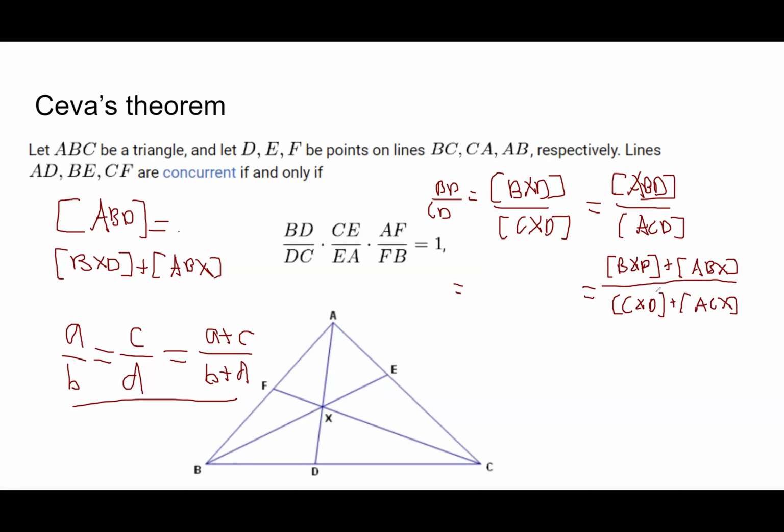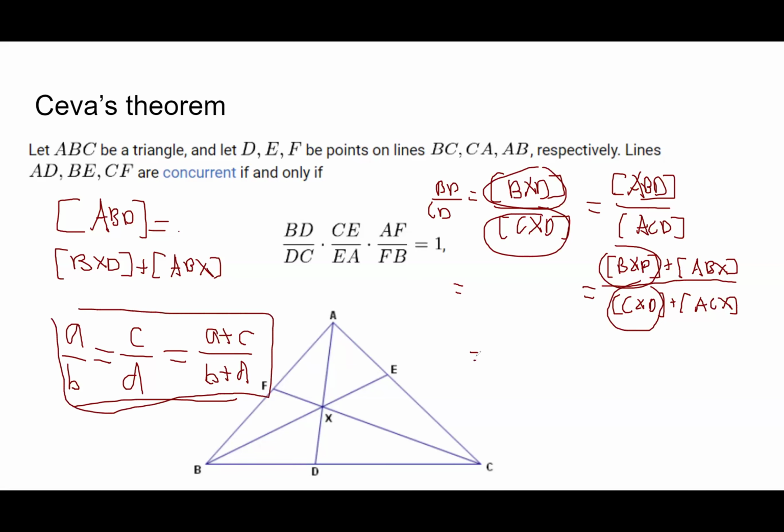And then you notice that this term is the same as this term, and this term is the same as this term. So then we can use our relationship on the left hand side to show that BD over CD is also equal to the area of ABX over the area of ACX.